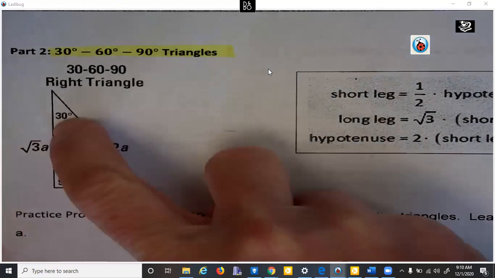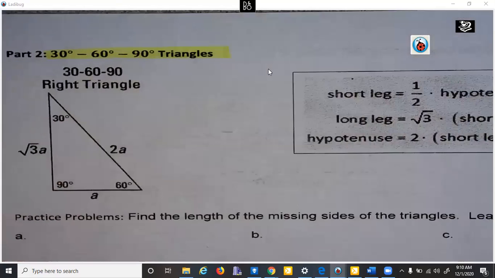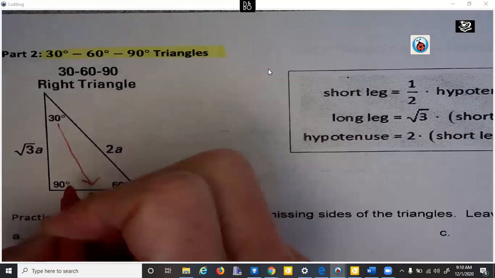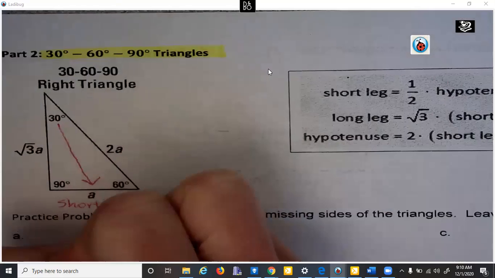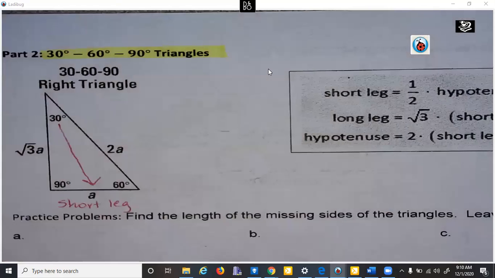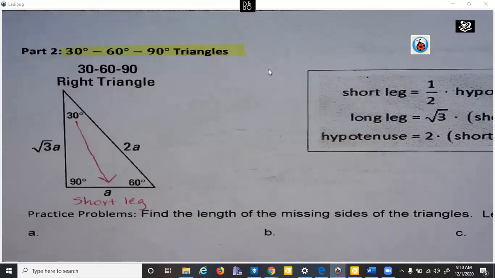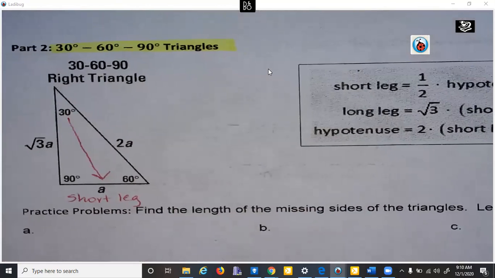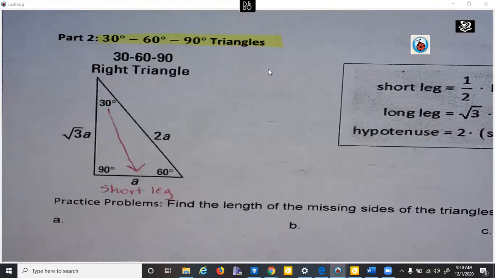Across from the 30 is called the short leg. Again, I encourage you to write this down because you can use your notes on everything, including the final exam.